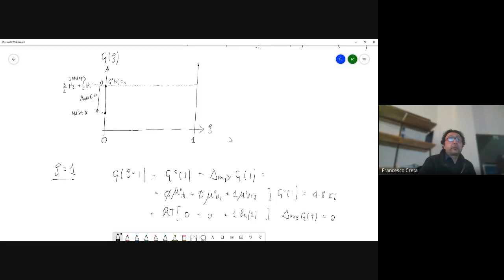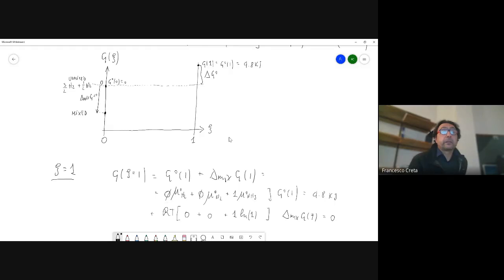Essentially, G of 1 is equal to G0 of 1, which is 4.8 kilojoules. Okay? And by the way, if you remember, the difference between the unmixed, or the standard Gibbs energy here, G1 minus G0, okay, is delta G0.